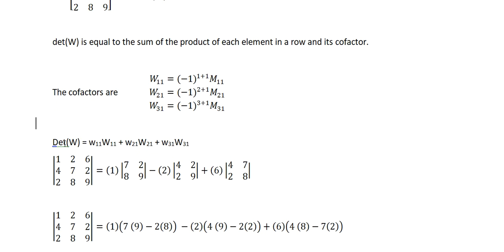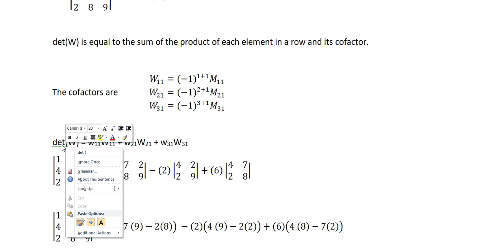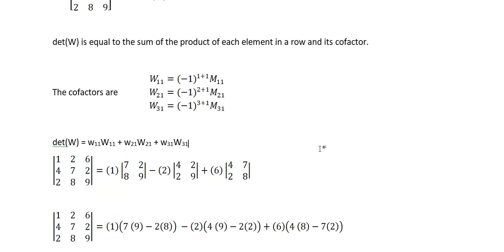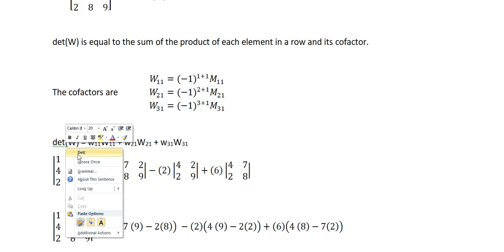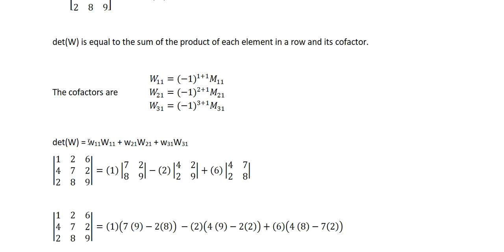Okay, so let's come on down and let's see what we can do with it. The determinant of W is equal to the first element times its cofactor, W11, plus the second element times its cofactor, W21, plus the third element, little w31, times the cofactor of W31.